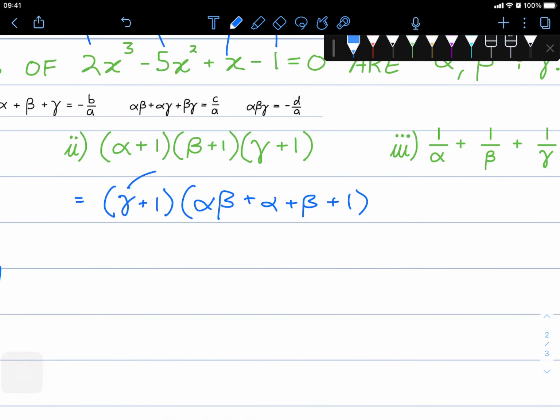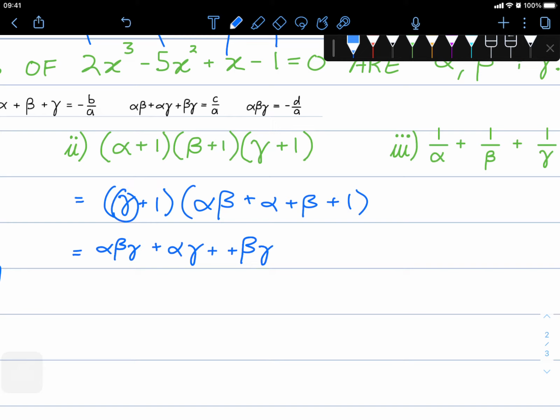Expanding this, multiplying, that becomes alpha beta gamma. Gamma times alpha is going to be alpha gamma. Beta times gamma, just keeping it in alphabetic order, is beta gamma.